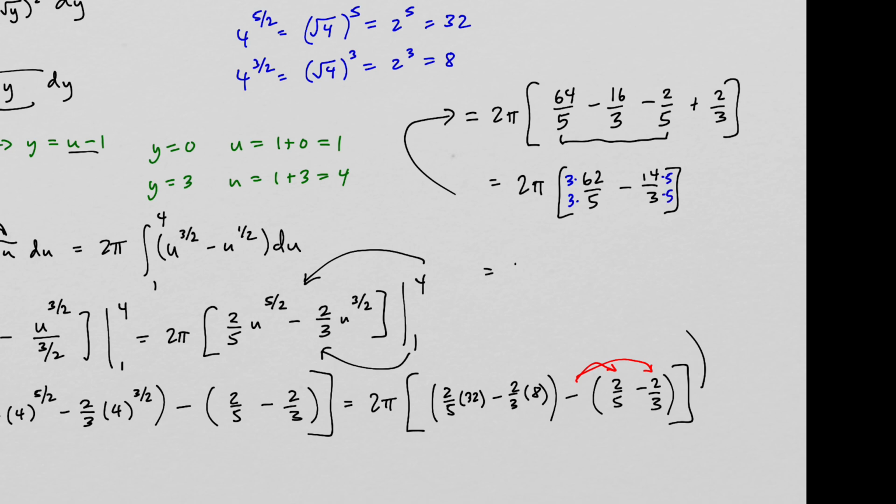And doing so gives us 2 pi times 186 over 15 minus 70 over 15, which is 2 pi times 116 over 15. And if we multiply 2 times 116, we get 232 pi over 15.